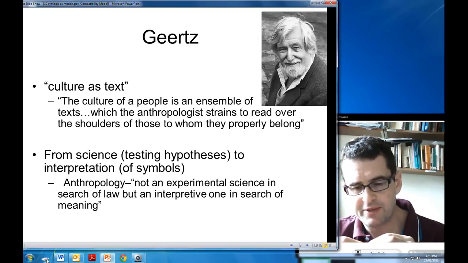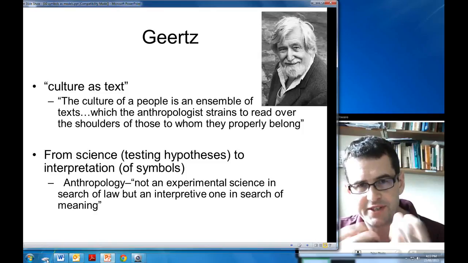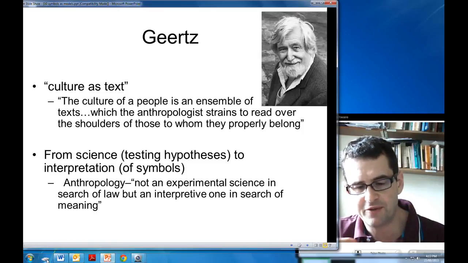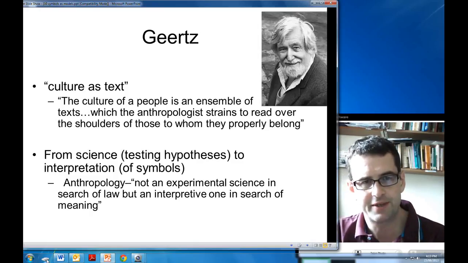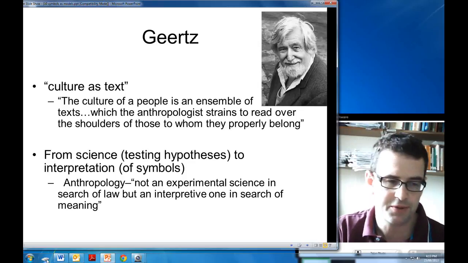It brings the group together. It also provides you fishermen with a sense of confidence, and that confidence will make you more successful in your fishing and make you able to deal with the dangers you're exposed to better than if you were nervous. So that's the function of this ritual. That's what a functional anthropologist would say.